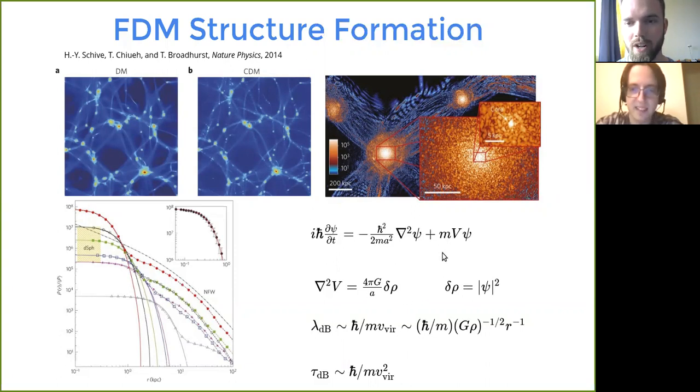And therefore, even though it's a classical field, it has all these wave-like phenomena on the de Broglie wavelength scale, a length scale proportional to 1 over the velocity. And then there's also a typical time scale, which is just the inverse of the velocity squared of our specific problem. So those are the important length and time scales.